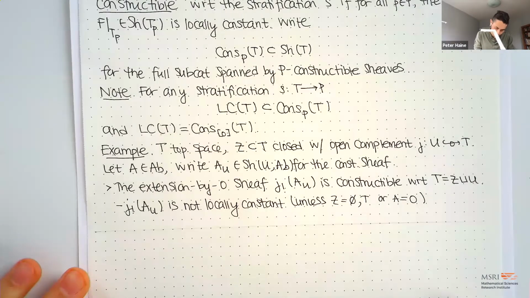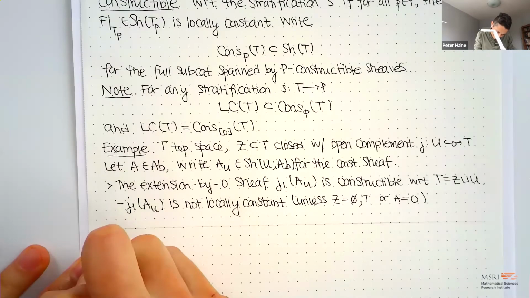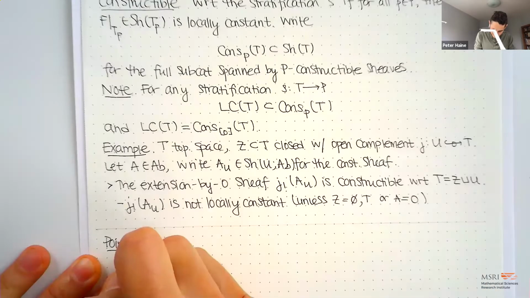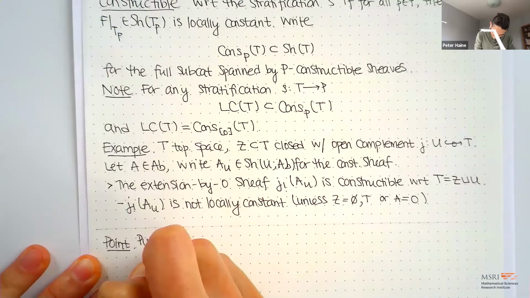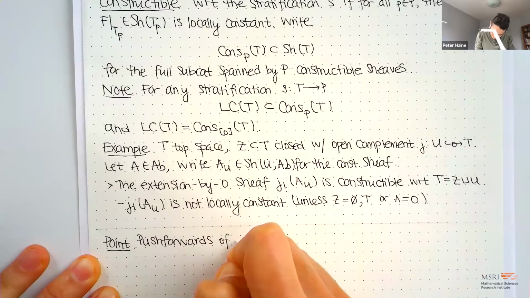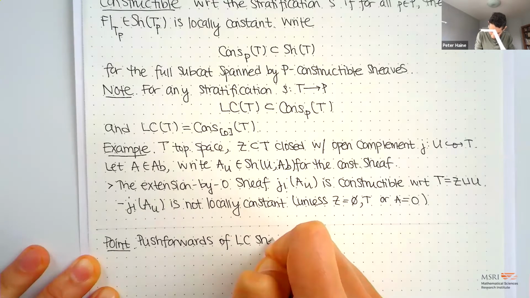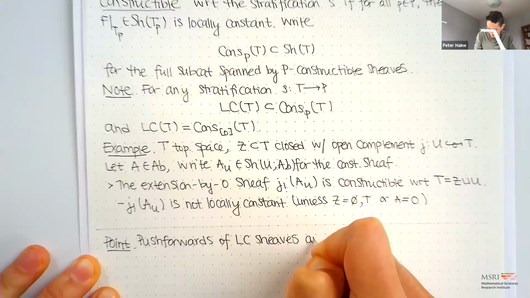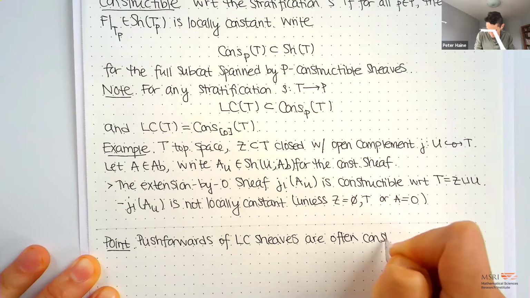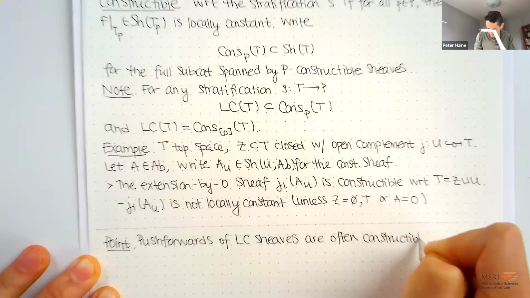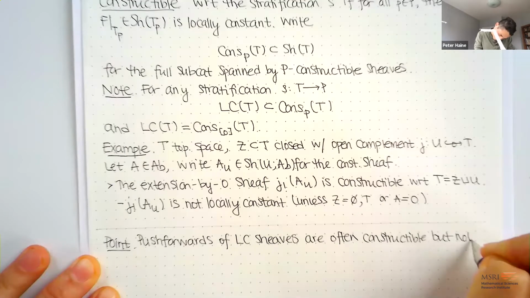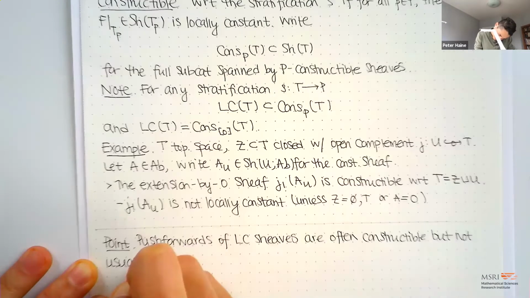And so part of the point of constructible sheaves is that push forwards of locally constant sheaves are often constructible, but not usually locally constant.